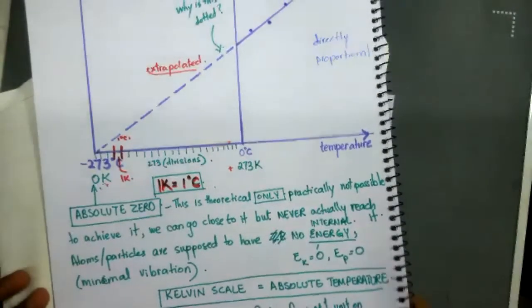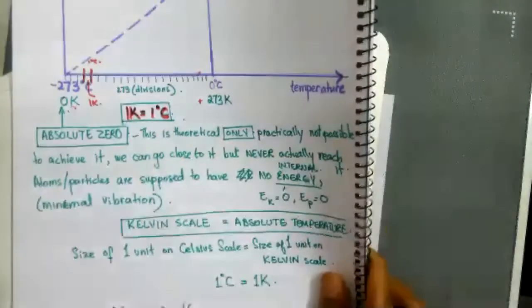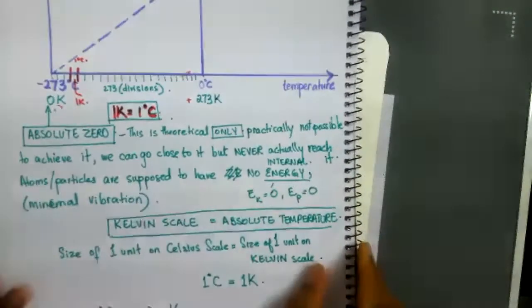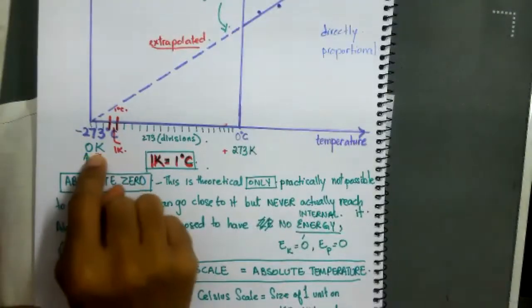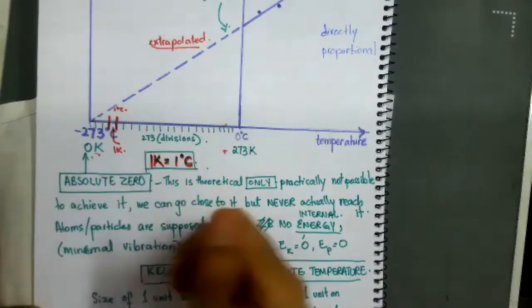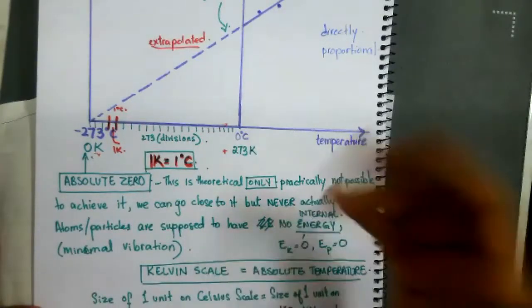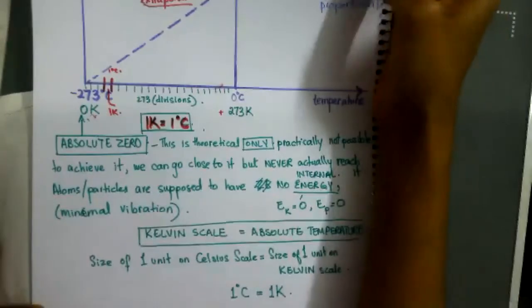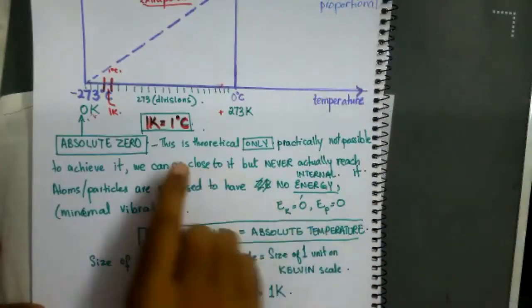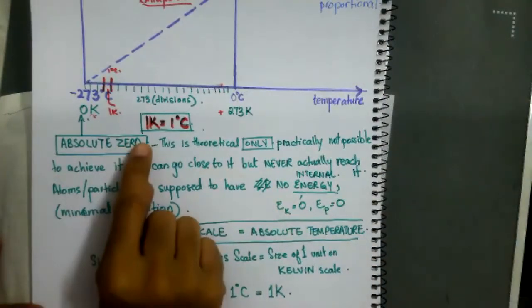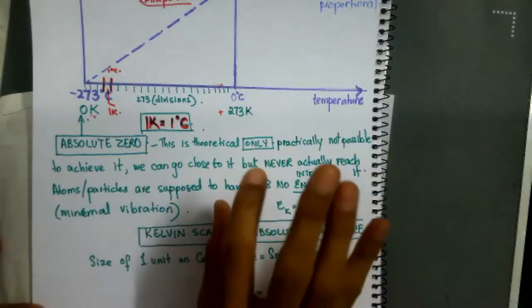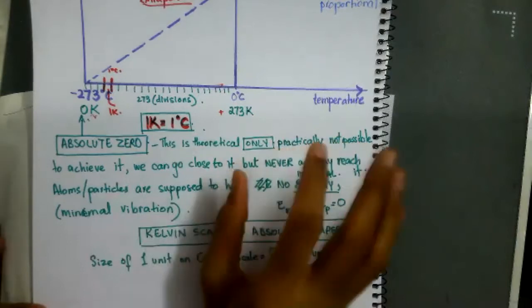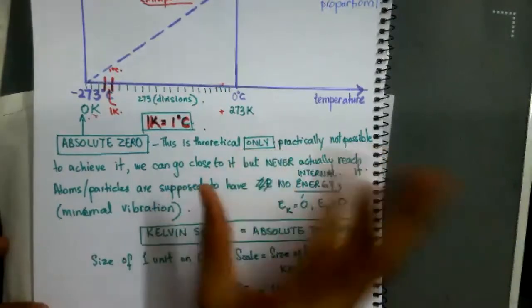Okay, so let's talk about absolute zero a little bit. Absolute zero is theoretical, meaning practically it is not possible to achieve this. The scientists think it is the temperature where the atoms or molecules are absolutely static, meaning they don't move at all, they don't even vibrate.